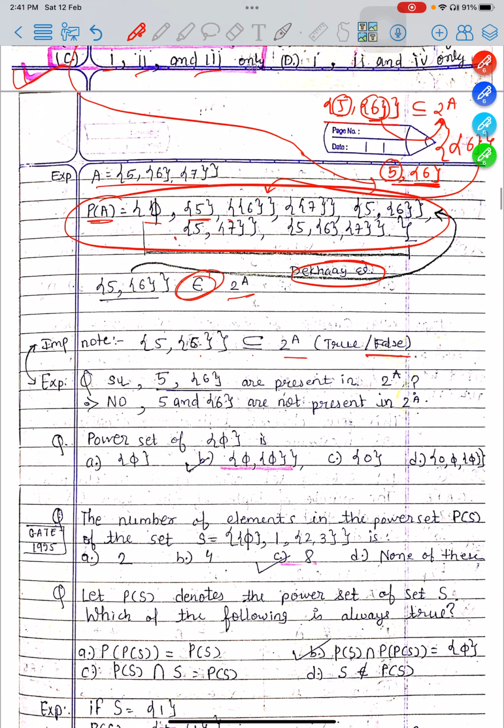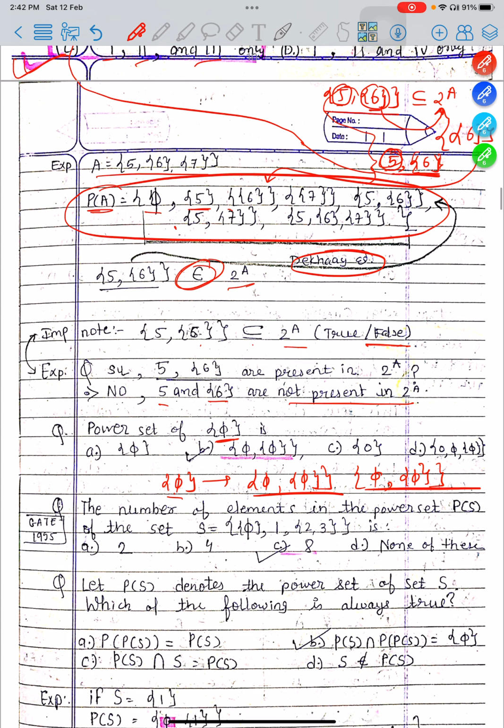I asked exactly what I just told you: that ∅ and {∅} appear like this to us. So they are not present in 2 raised to A. The power set of ∅ is {∅}. Whenever we want to find the power set, by default ∅ appears, and the whole set itself is also in the power set.